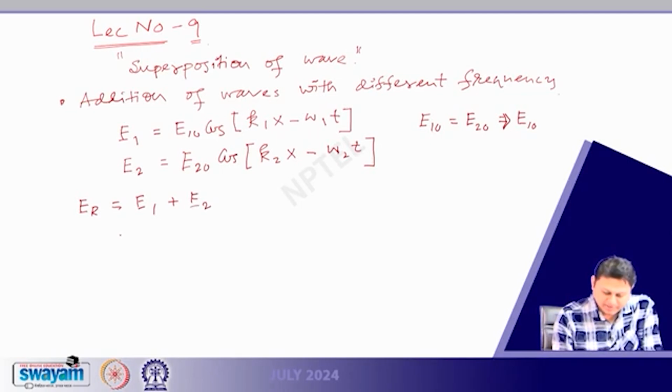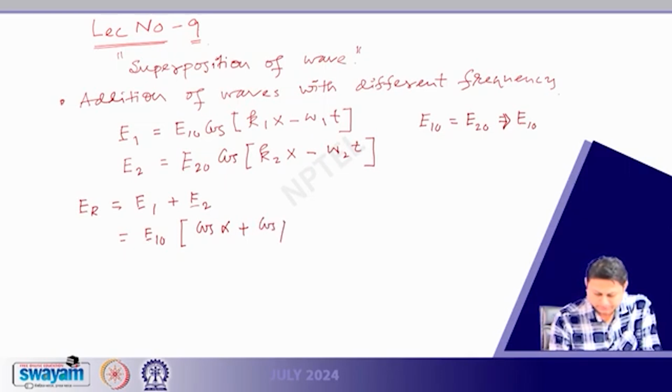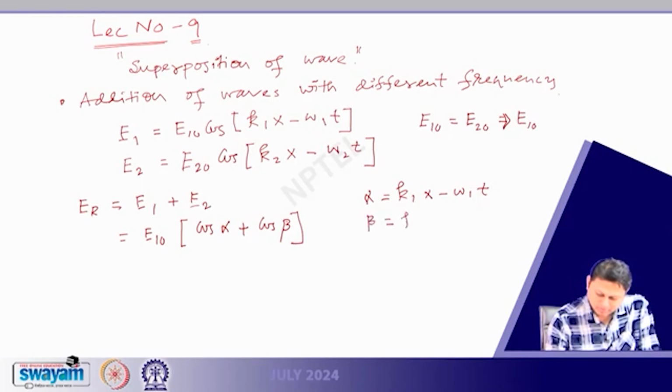Since their amplitudes are the same and we call it E10, the amplitude of the E1 wave, which is the same as E2, I write E10 times cos alpha plus cos beta, where alpha is equal to K1x minus omega 1 t and beta is K2x minus omega 2 t.